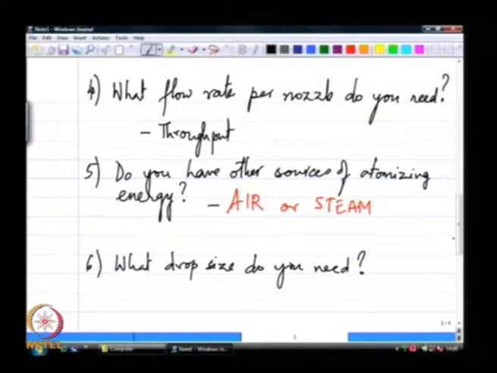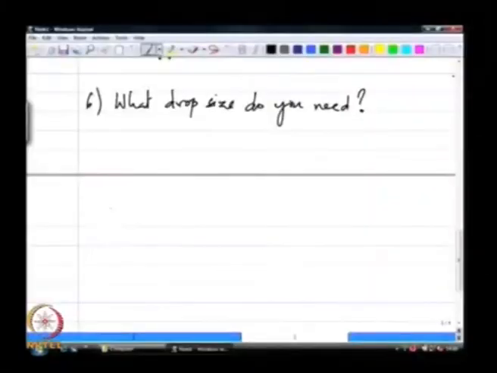If the answer to that is no, that there are no other sources of atomizing energy, then it is pretty clear the choice has to be a pressure swirl atomizer of some kind. Okay. If they do have, let us say, air or steam available, then you can go to an air assist or an air blast atomizer, or steam assist, steam blast. It really is the same thing, some kind of a gas assisted atomization. And so, I will write down the steps that you can go through.